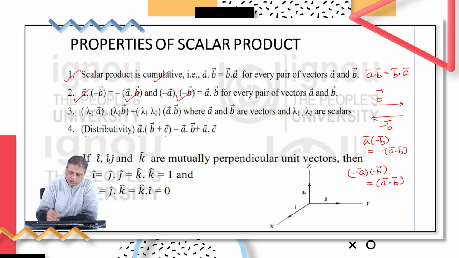So this identity holds for every pair of vectors A and B.